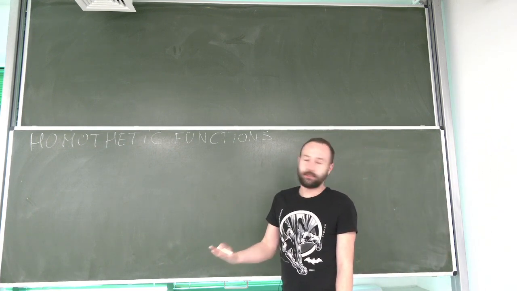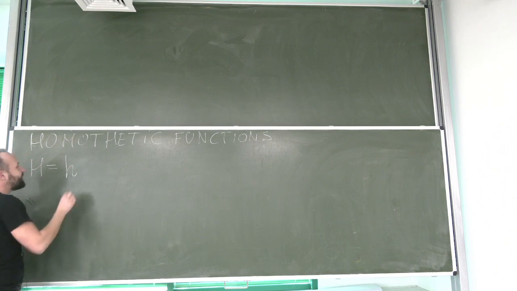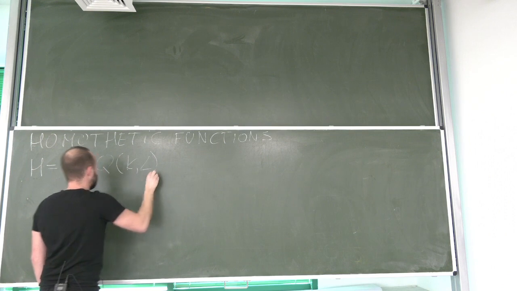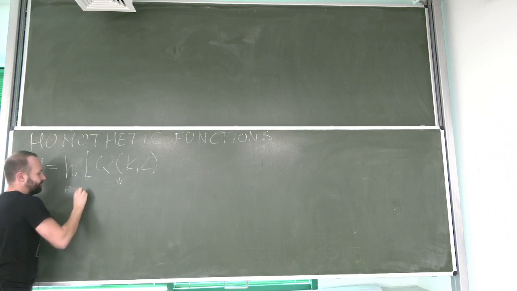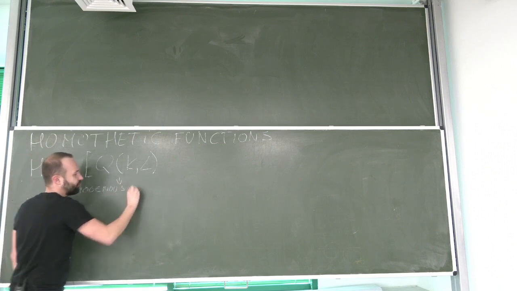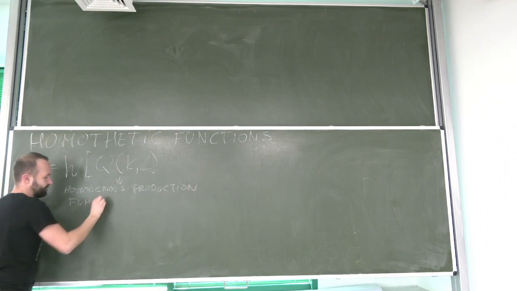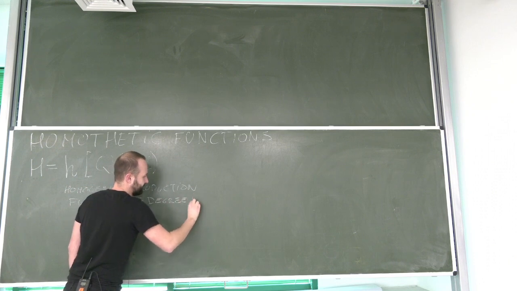So how do we get this homothetic function? Let's say that h will denote our homothetic function, and we have a situation where this is a function of q, where q is a homogeneous production function of degree r.